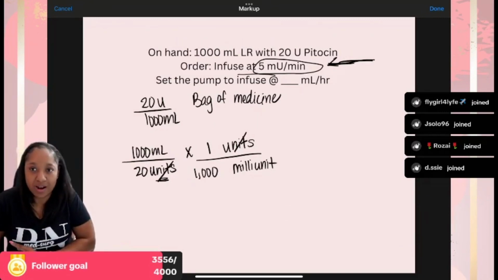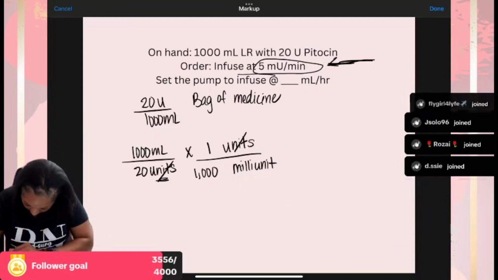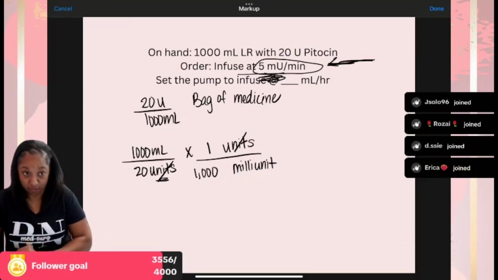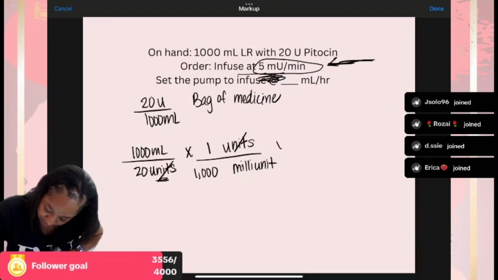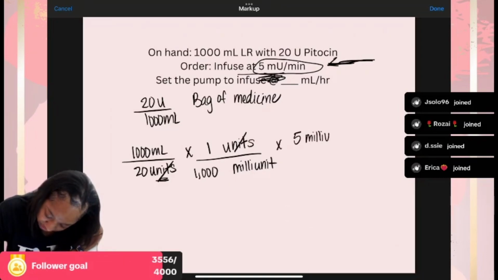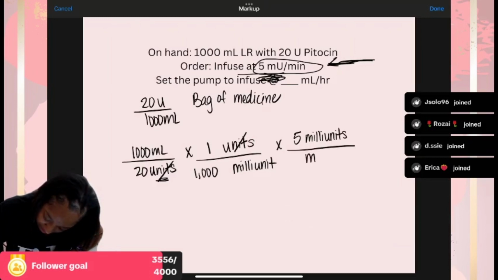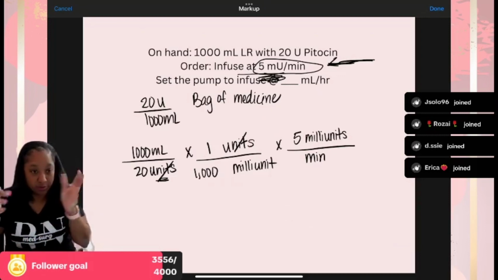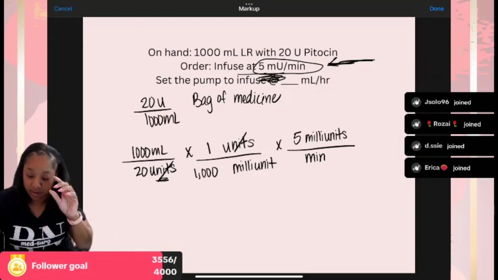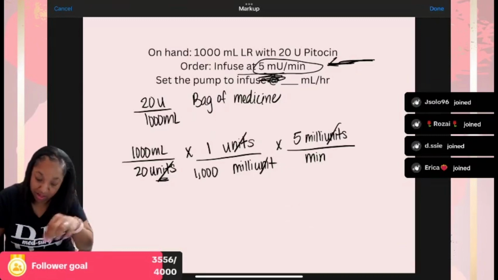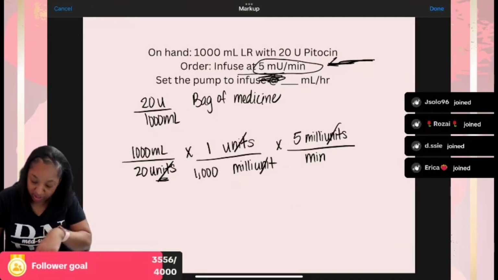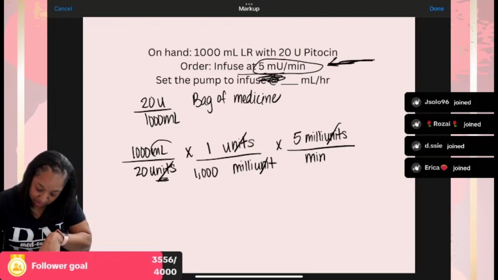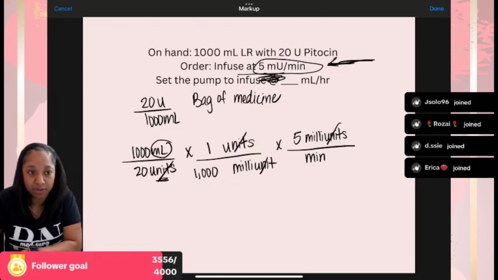Now we can put our order information in, okay? So 5 milliunits a minute. That's what's being ordered. That crosses out. We are looking for milliliters over hour.